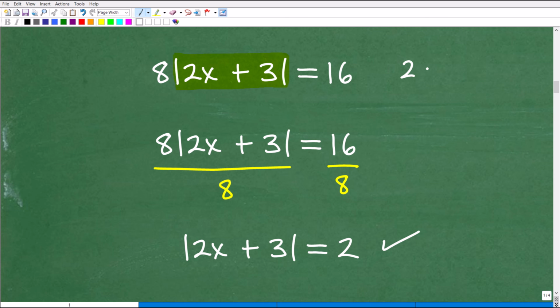So in other words, if I had 2 parentheses 4x plus 8 equals 20, and I want to divide both sides of the equation by 2, well, then you could factor out the GCF, etc. Anyways, I don't want to go off on too many tangents, but this is an important point to stress, because I see this mistake, this misunderstanding, a lot.